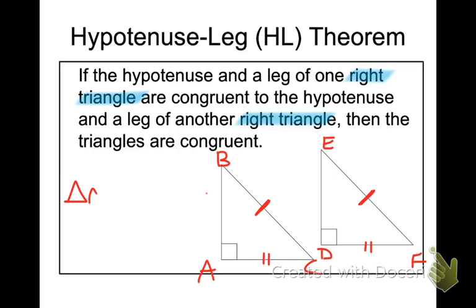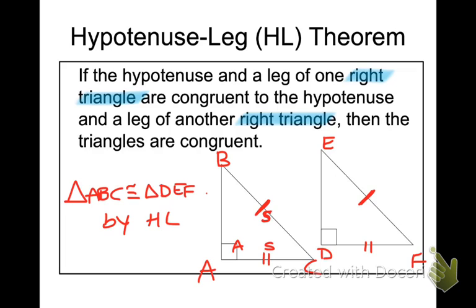So then I could say triangle ABC is congruent to triangle DEF, A matches with D, B matches with E, C matches with F, by hypotenuse leg. This is the only case where an angle side works, is with hypotenuse leg.